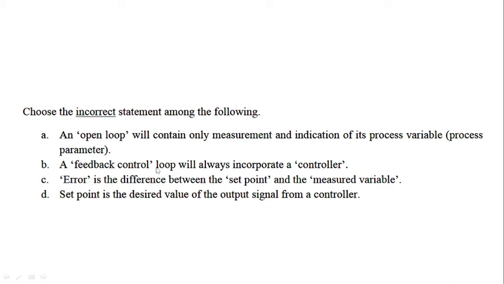So this is an incorrect statement. Option D is the incorrect statement. Option A is also correct, because in an open loop only measurement and indication will be there, and there will not be any feedback in the case of an open loop. So the correct answer is option D.